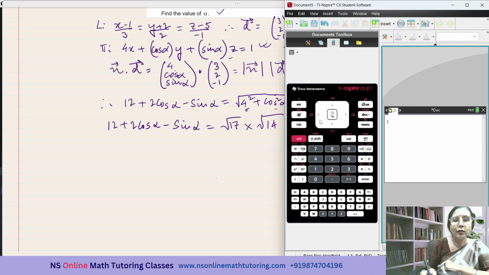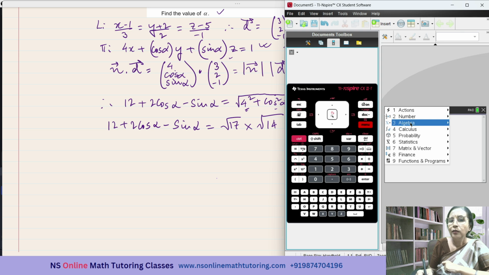So this is the calculator, and we have to go to menu, then algebra, and the numerical solve.